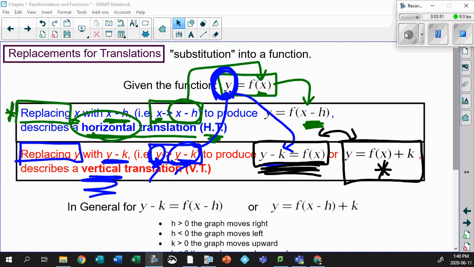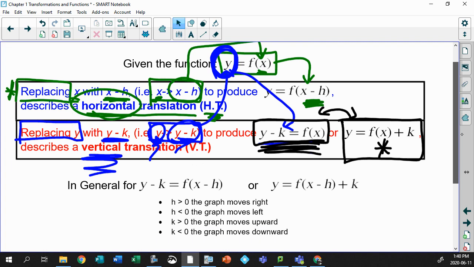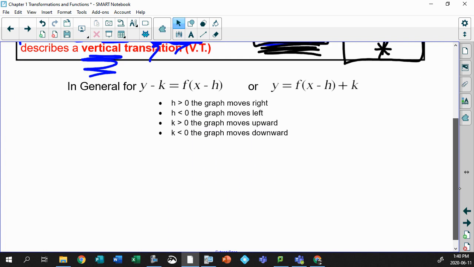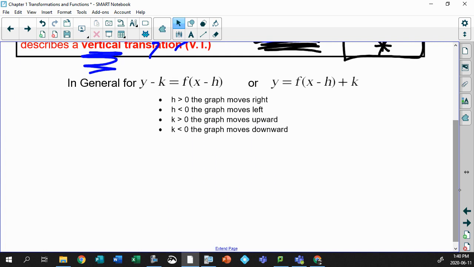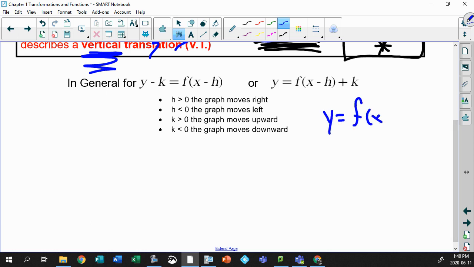So let's take a look at the general idea here. If you have the original function, which is y equals f of x, so y equals some sort of function of x, look what I'm going to do. I'm going to say that h here is positive. If h is positive, remember h goes with the x's, that moves to the right.